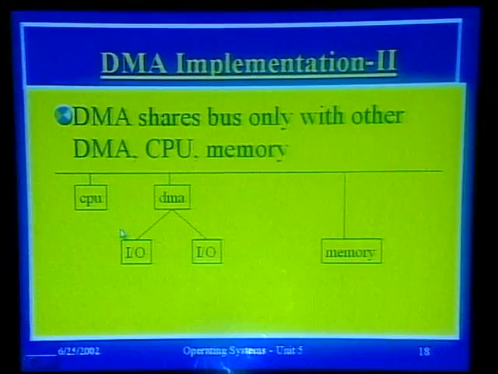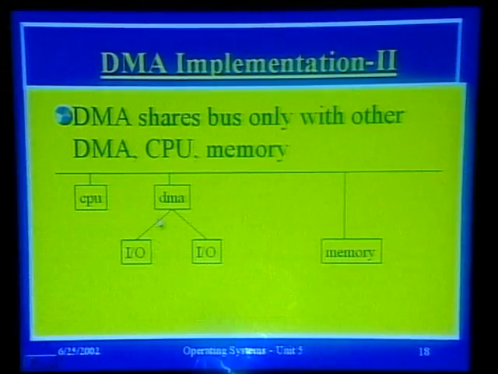The second DMA implementation scheme is that DMA shares the bus only with other DMA, the CPU, or the memory. As we see in this diagram, on this bus we have a CPU connected, we have a DMA connected, and we have a memory connected. No I/O device is directly connected with this bus.